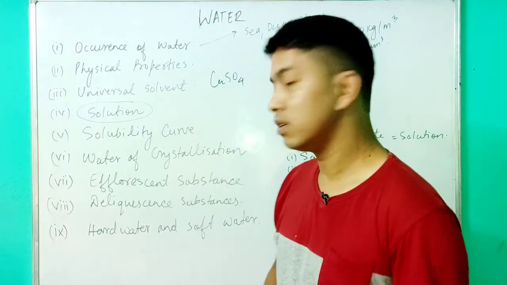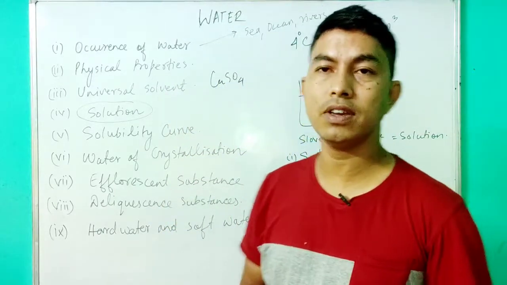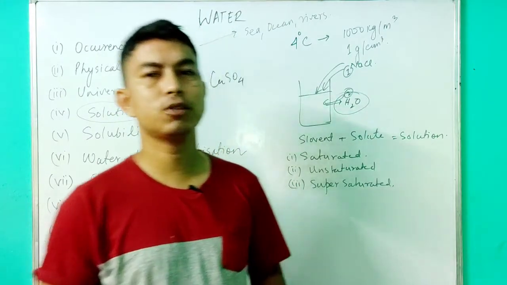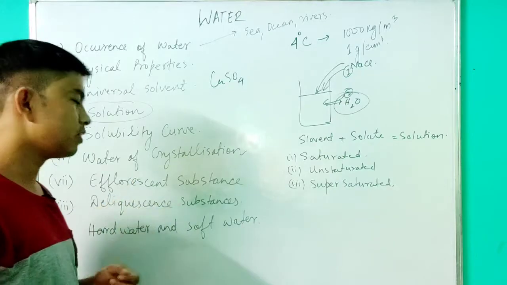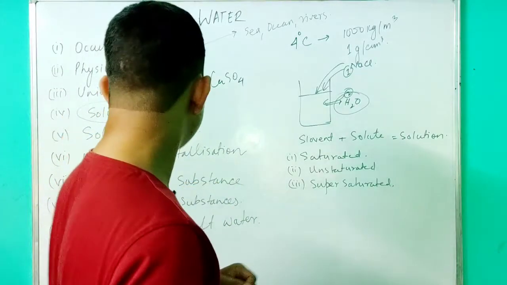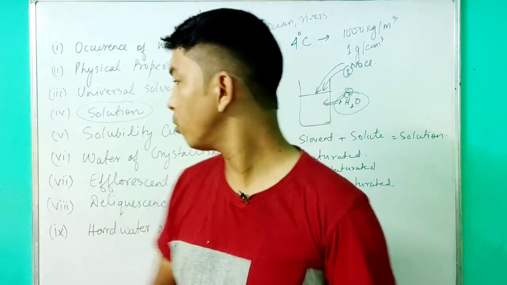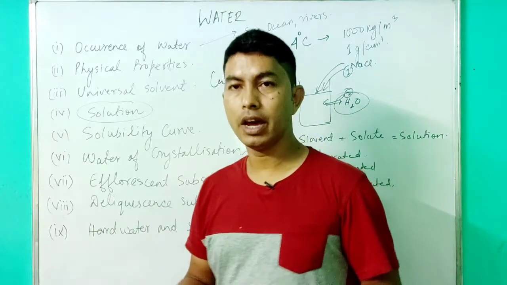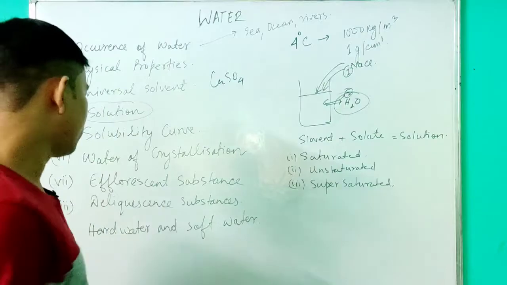So efflorescent substances are those substances which lose their water of crystallization when exposed to dry air. And deliquescent substances are just the reverse of efflorescent ones. Deliquescent substances are the ones which can absorb moisture, that is water, from the atmosphere. Those substances are said to be deliquescent substances.